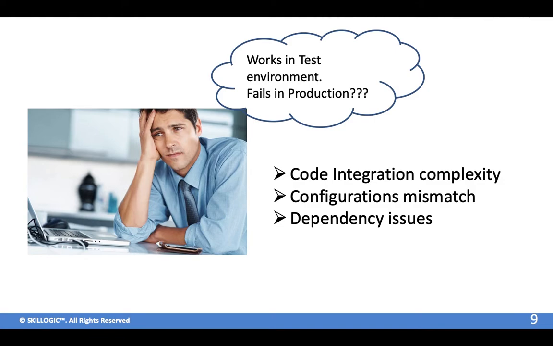That is code integration complexity. Configuration mismatch and dependency issues also cause problems when you're shifting from development to the test, from test to the production. These are a few problems which frequently surface when you're trying to move from development to test and test to production.